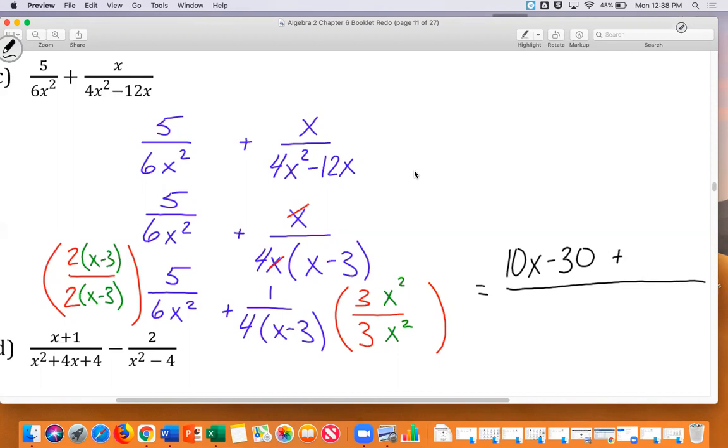Plus, because we're adding the two expressions, 1 times 3x squared is just 3x squared. And that's all I have there.